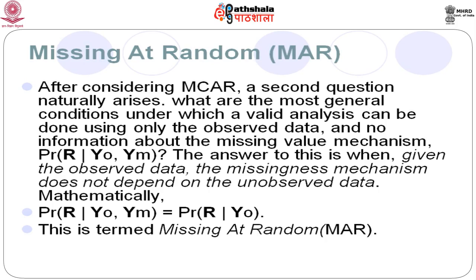Missing at random, what we wanted to mean in the last slide is that probability R given y naught y m is probability R given y naught. That means, it does not depend on the missing observations. So, an observation will be missing depending only on the observed values, the values of the variable which are observed, but not on the missing ones.